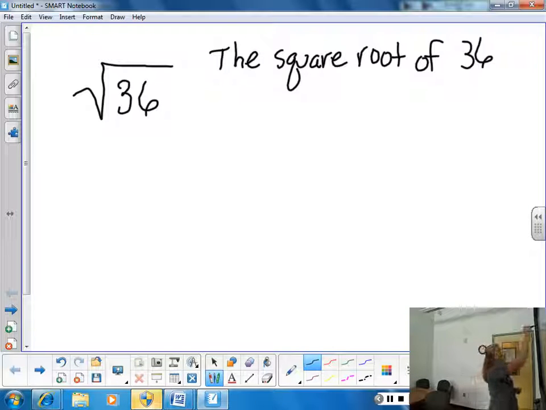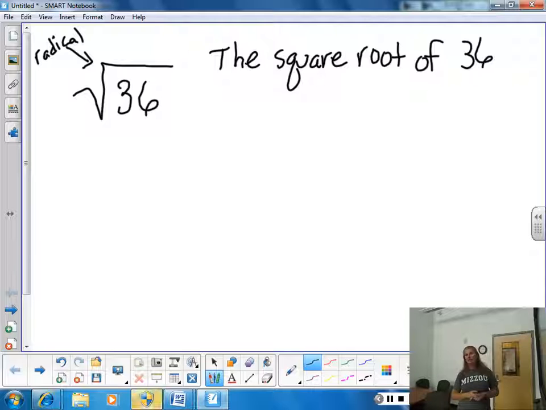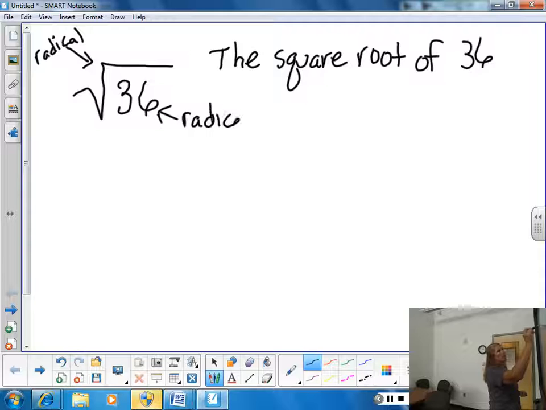This little symbol right here, that's called the radical. This is not a term that you would be tested on or anything, but it comes up, so I want to give you the name. The number underneath the radical is called the radicand.